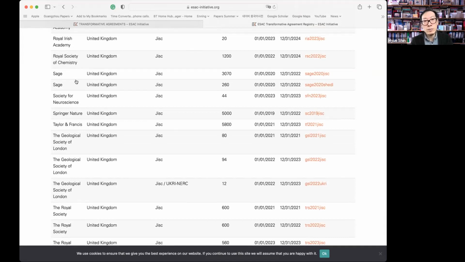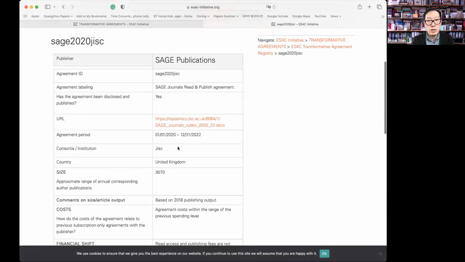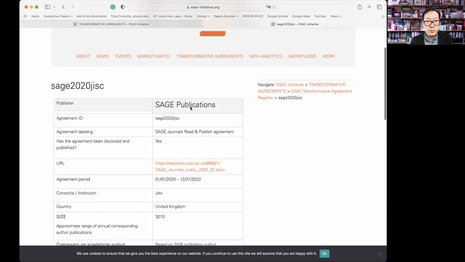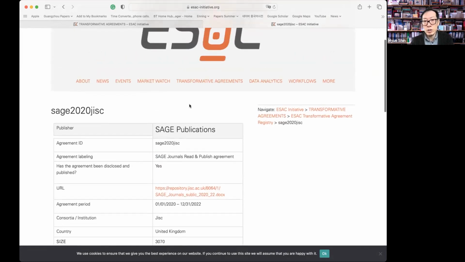Then if you are part of the universities which are included in the JISC agreement, you click on this SAGE and look at the entire list, and simply click on this one, and the Word document will show the list of universities which are covered by this arrangement between JISC and the SAGE publisher.